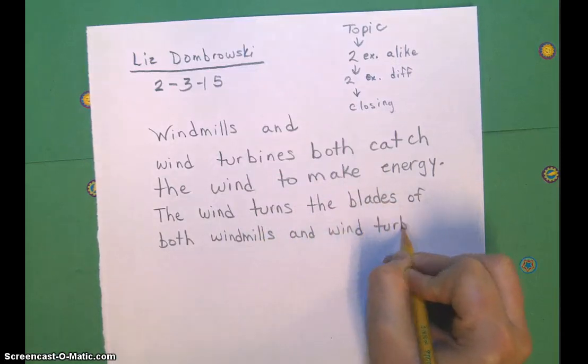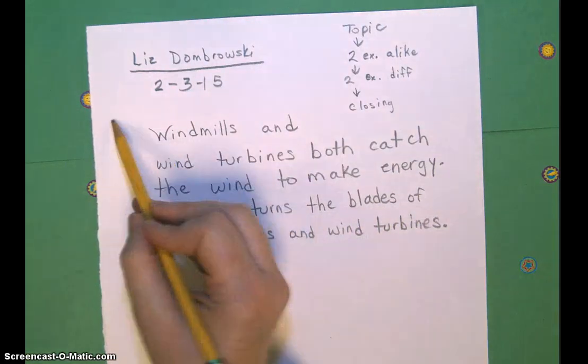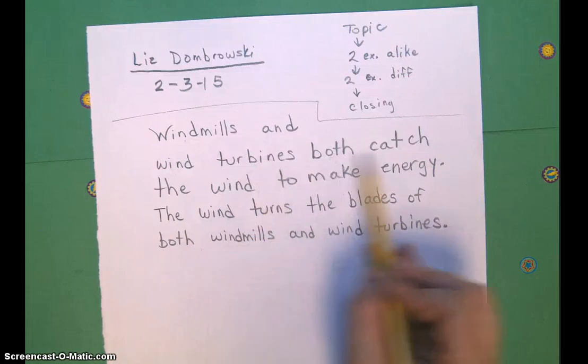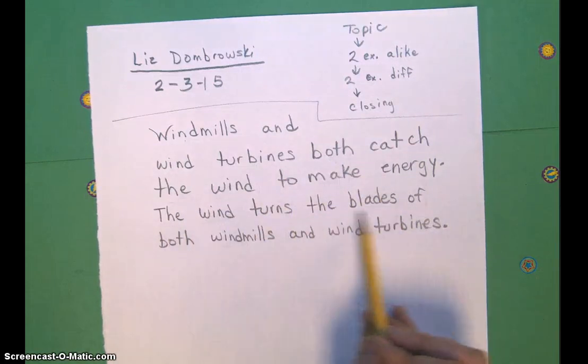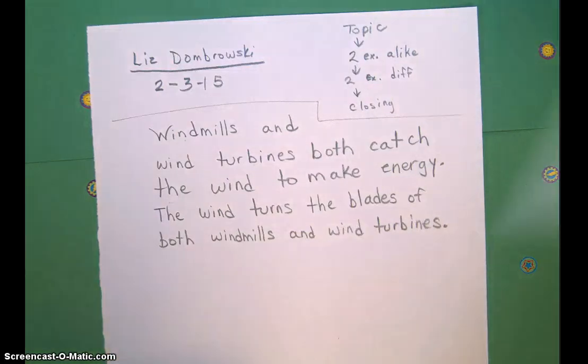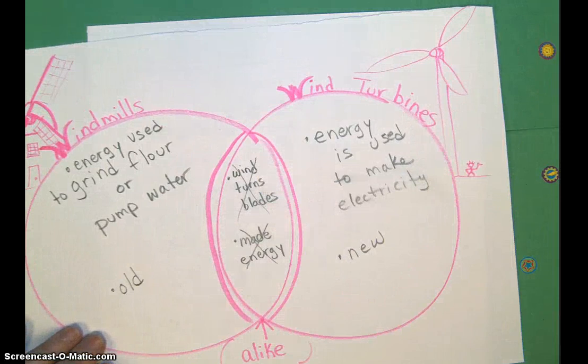When I finish writing this, I'm going to reread it to make sure I didn't make any mistakes. Windmills and wind turbines both catch the wind to make energy. The wind turns the blades of both windmills and wind turbines. So actually, I've taken care of both of my alikes. Okay?